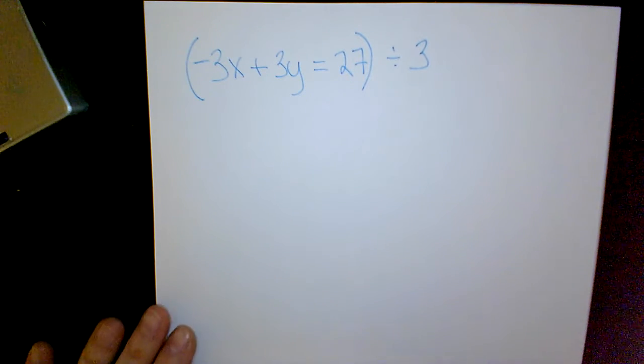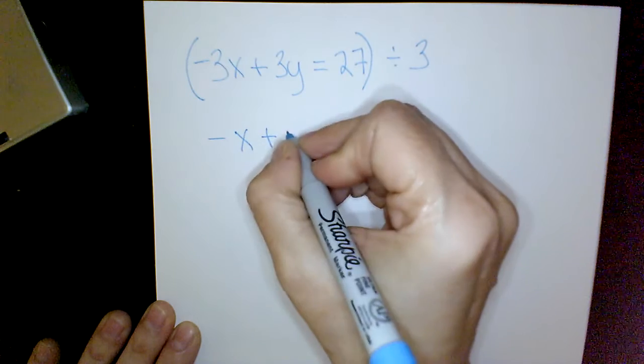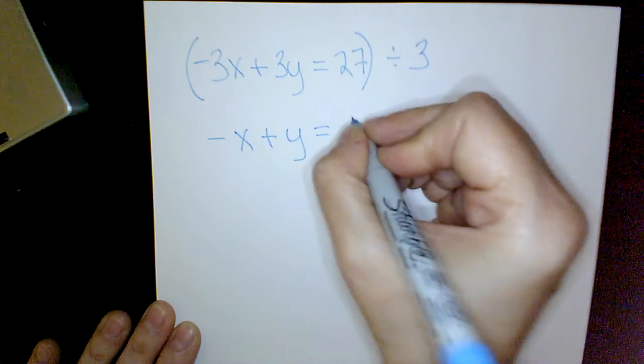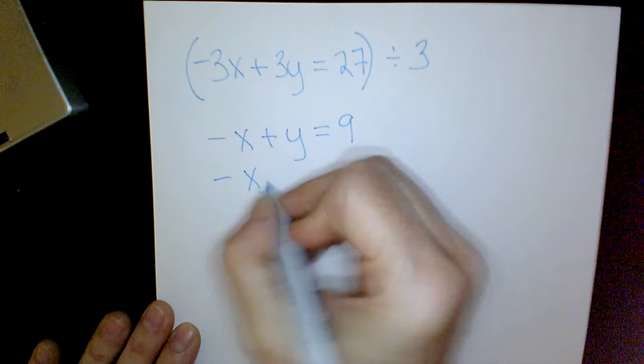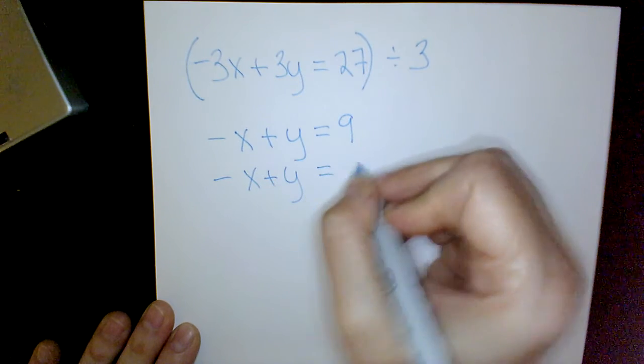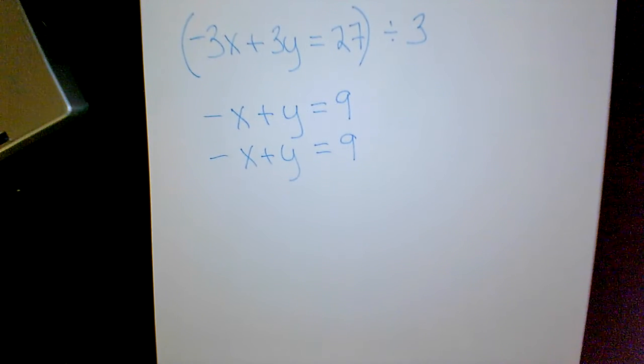Okay, so I get negative x, and I'm going to bring this one underneath it. Well, I can tell right now what's going on. Maybe you can't. If you see that they're equal, you know something's up.